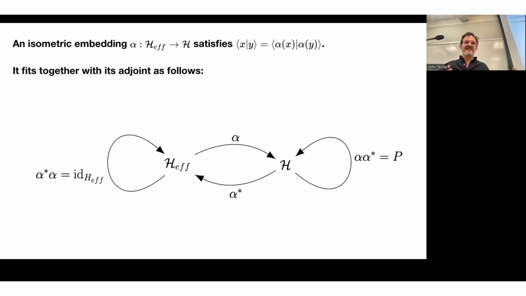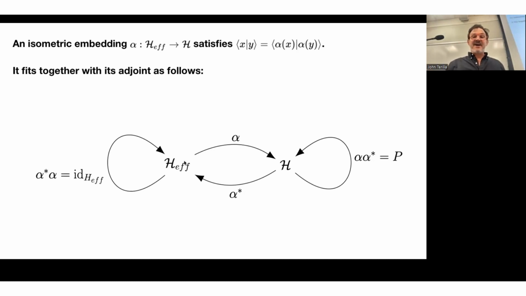So you have two elements in this effective Hilbert space, and their inner product is the same as when you map them over into the big space and take their inner product. And when you have an isometric embedding, it and its adjoint operator fit together in a diagram. I like this diagram because I'm a topologist, so it reminds me of the situation you have with a homotopy equivalence.